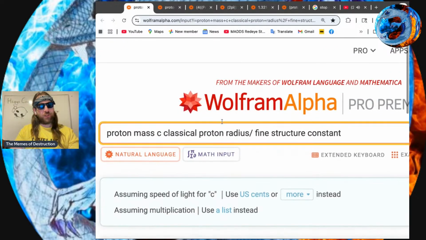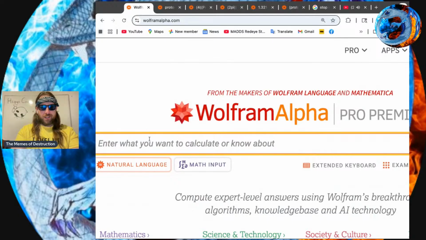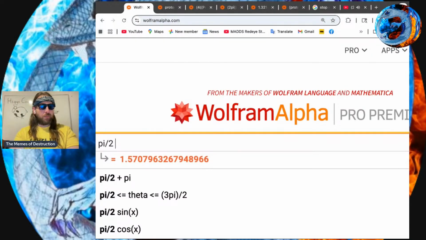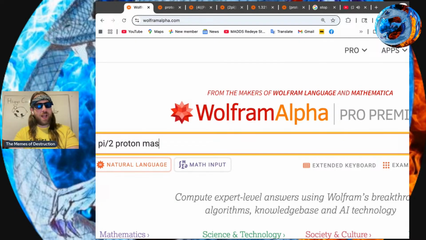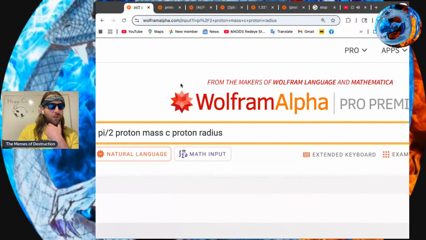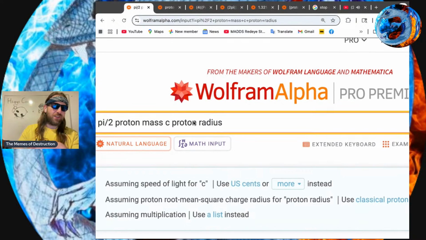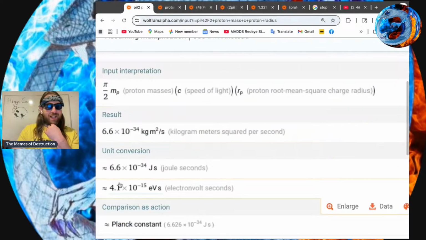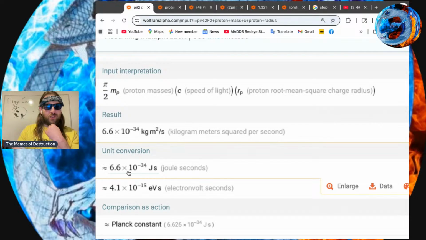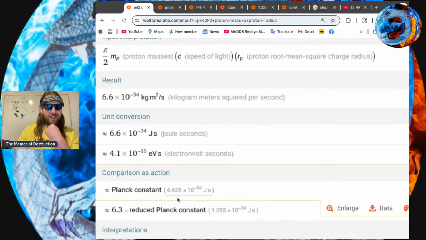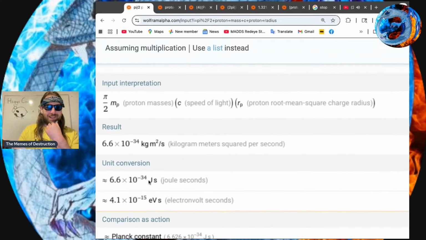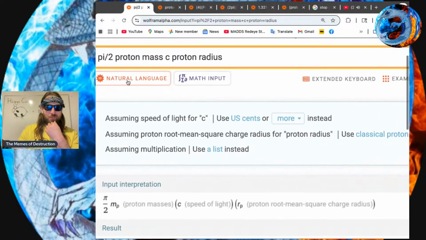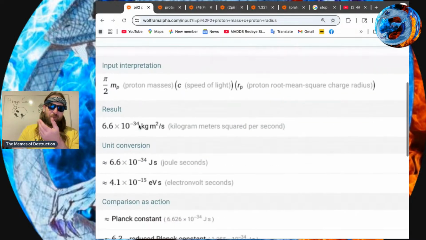He had mentioned that if you did, what was it, like pi divided by 2, you put in the proton mass, the speed of light, and then the proton radius, it comes out to be close to Planck's constant, which is h bar with a circle, or h over 2 pi. So yeah, you get like the first 2 or 3 significant digits. So yeah, it's pretty close to Planck's constant. But can we do better?